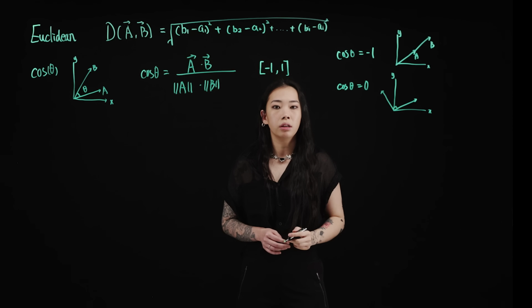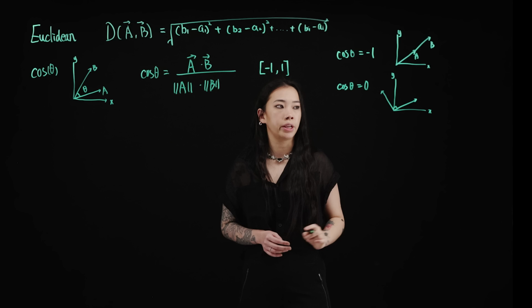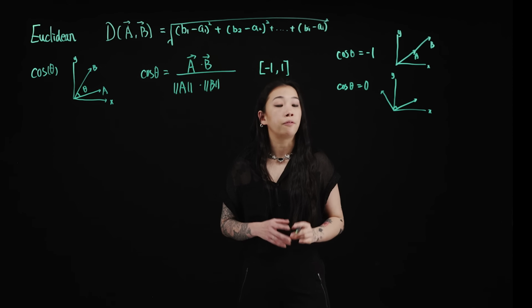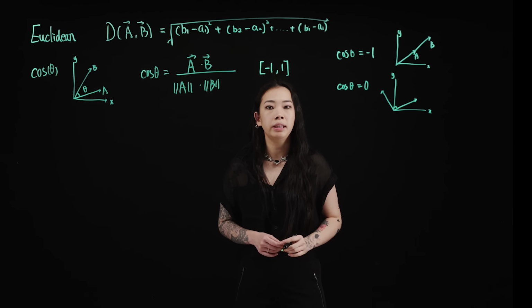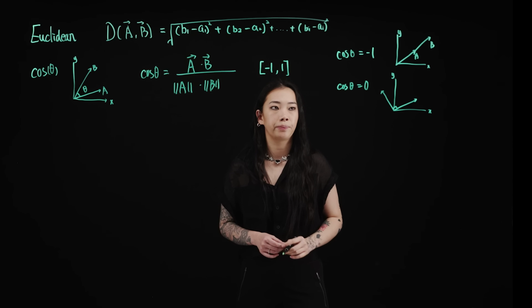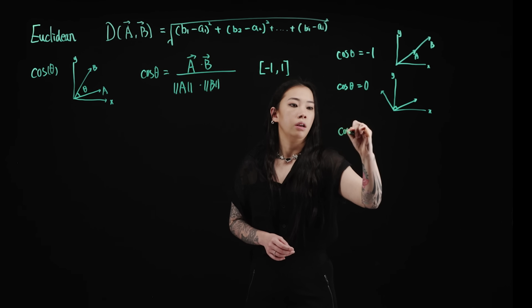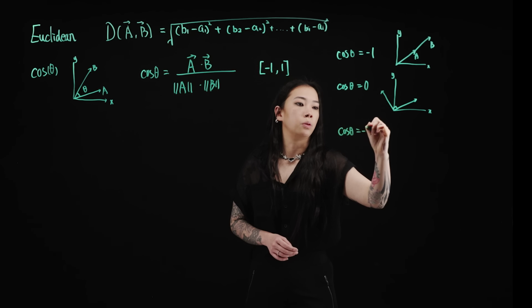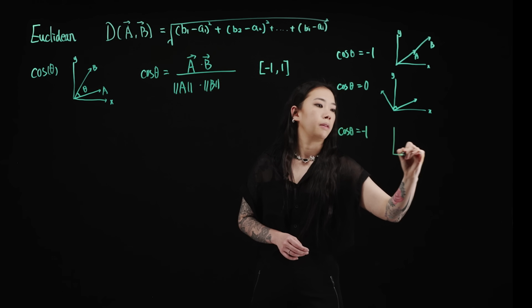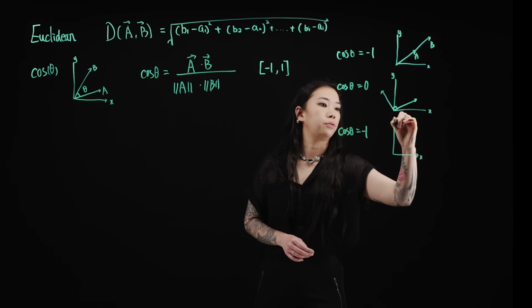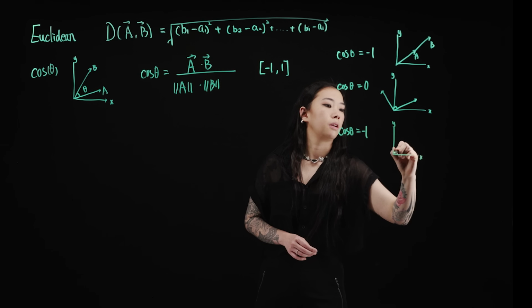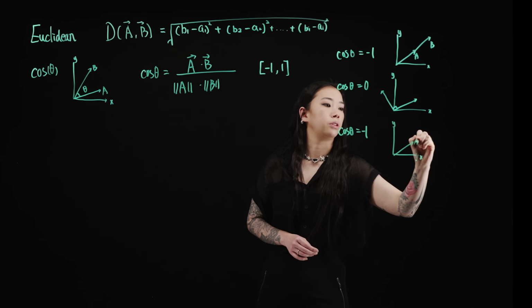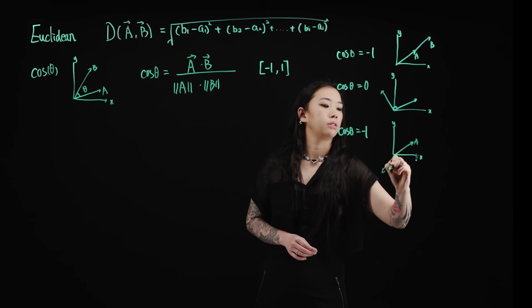In machine learning, when two vectors are perpendicular, it means that the features that they represent are completely independent of one another. If the cosine similarity is equal to -1, that means that the two vectors are pointing towards the opposite direction.